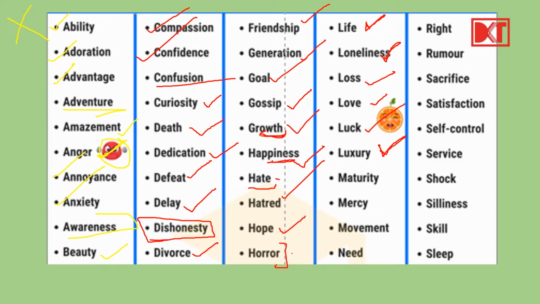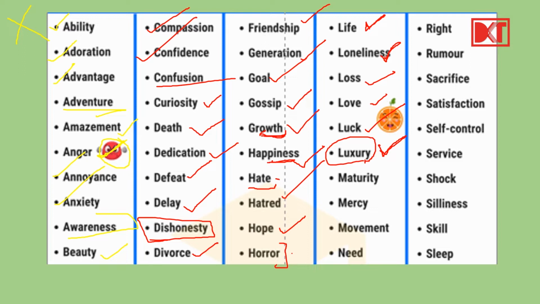Here we are not talking about the luxurious things. Mind you, you have to be very careful here. When we start talking about luxurious things, for example, a mansion or a bungalow, that becomes another category of nouns. That is not an abstract noun, because that is something that can be touched. It can be seen.